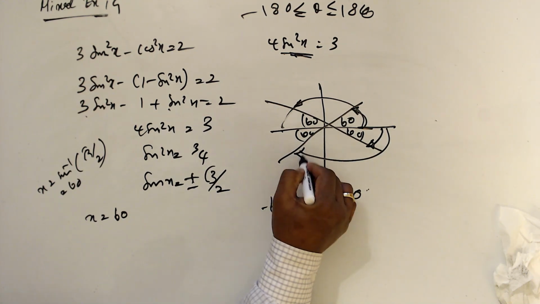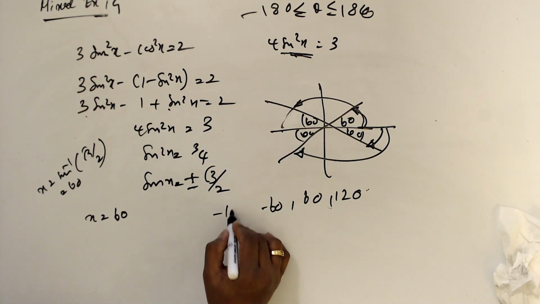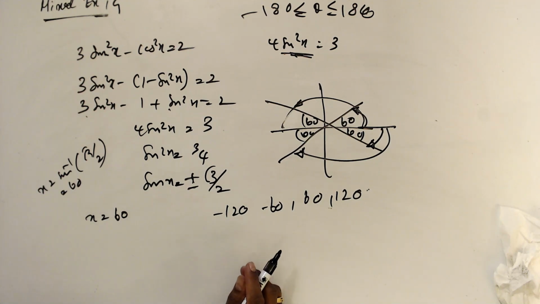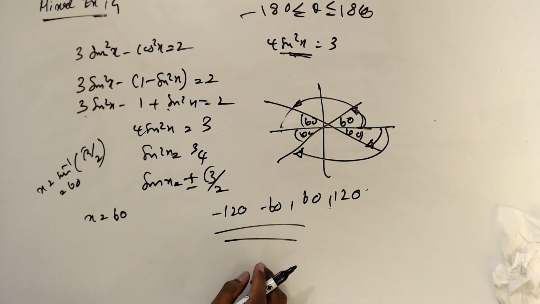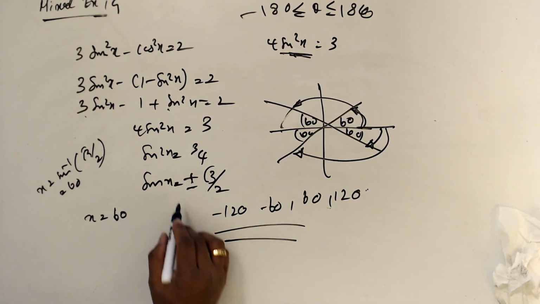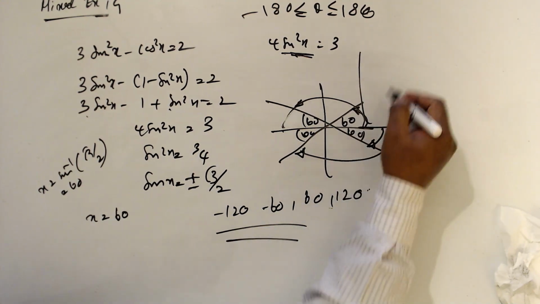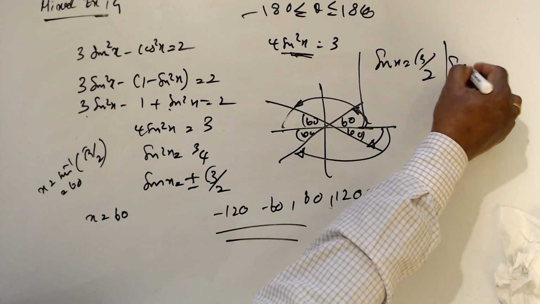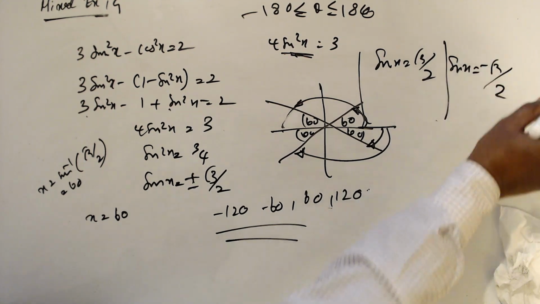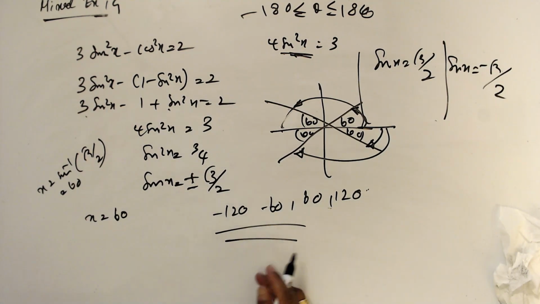The other one is minus 120. If you are not sure, you can work two equations. Sin x equals square root 3 over 2. The other one is sin x equals minus square root 3 over 2. You will get those answers.